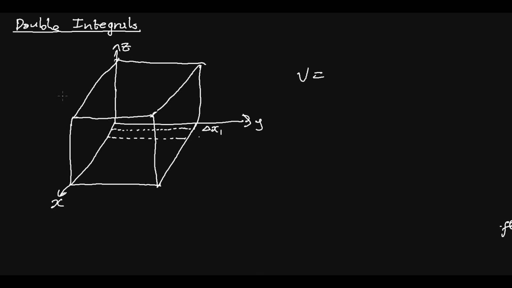We will get a delta x2, for instance. I think you get the idea, up to delta x n minus 1, up to the last one, delta x n, right?